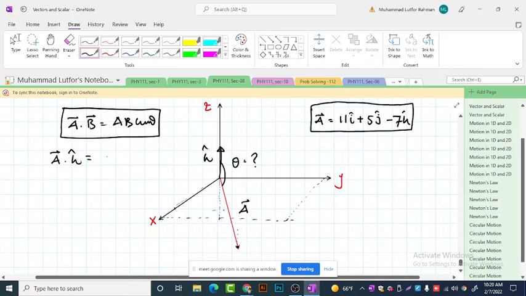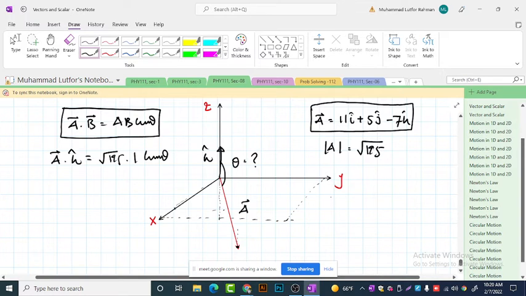I can find the magnitude of a. The magnitude of a would be root over 195, you can find this thing. Then the magnitude of vector k is 1, and this is the angle, cos theta. I'm going to find that one. And what would be a dot k or k dot a?